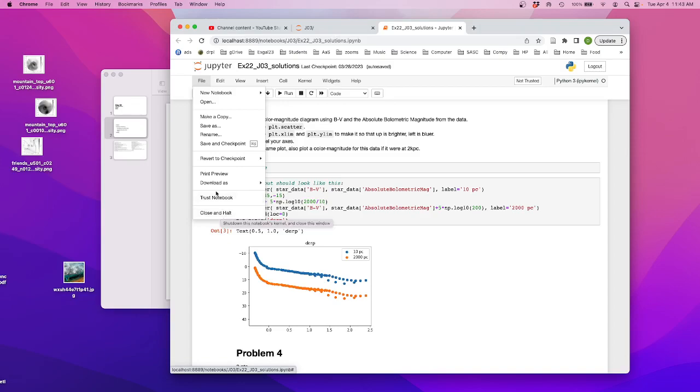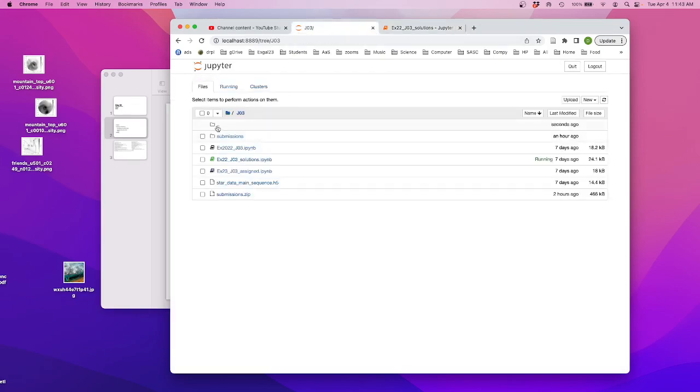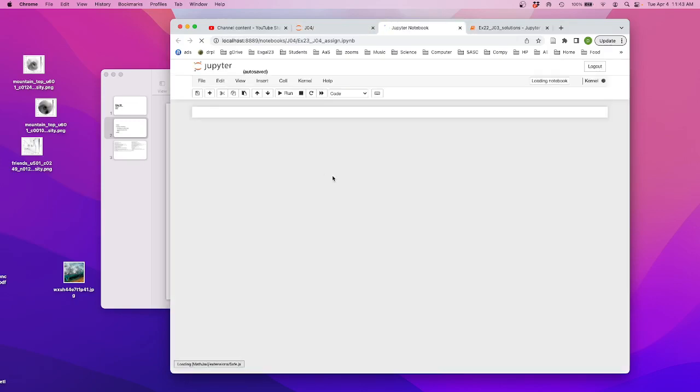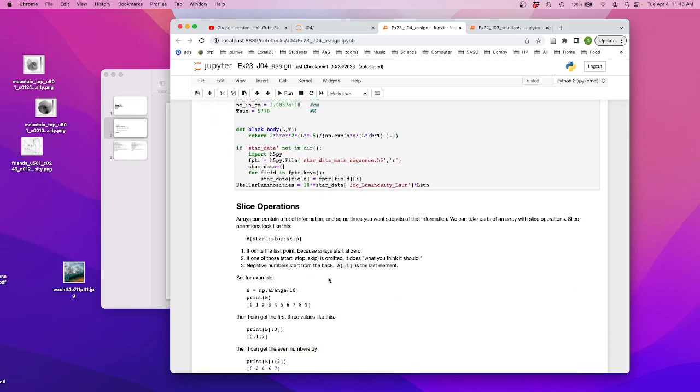Actually, since it's due tomorrow, I'm going to real quick just run through homework 4. Because it's up. So again, we have this. So the homework starts off with these units and the star data. So it's the same boilerplate stuff that we've had before. And then, I forgot to talk about this.